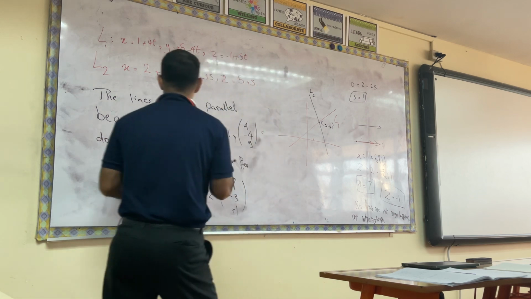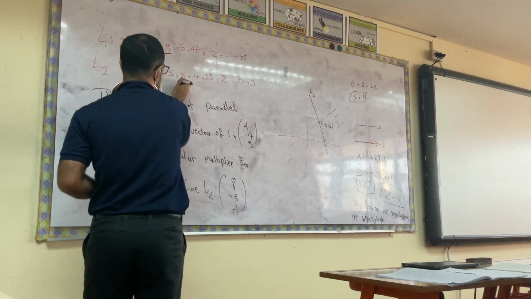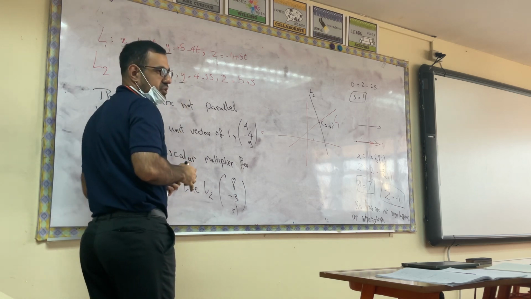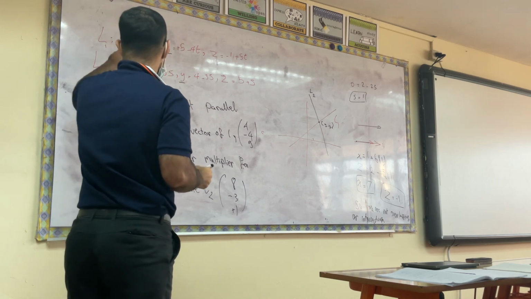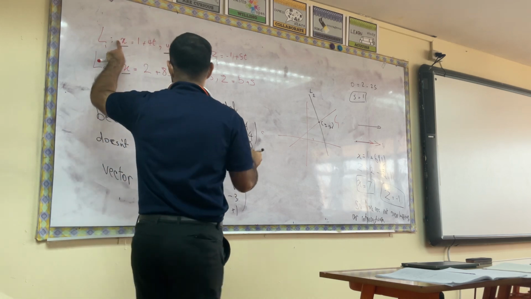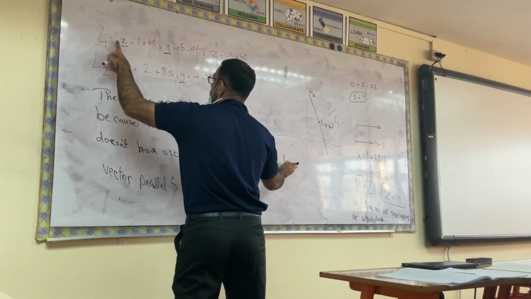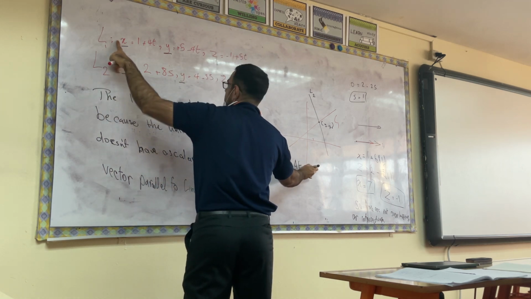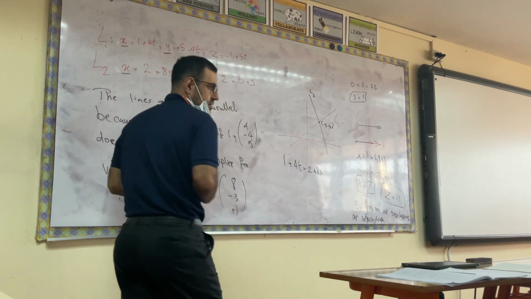So now I will have 3 equations, x and x together, y and y, z and z. They should be the same in line 1 and line 2. So 1 plus 4t equals 2 plus 8s.